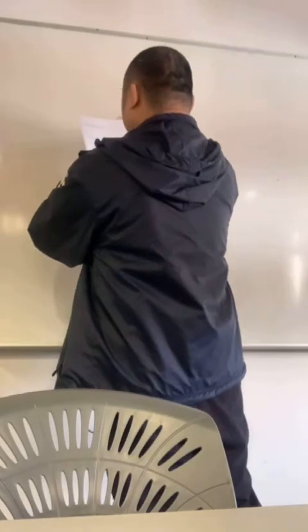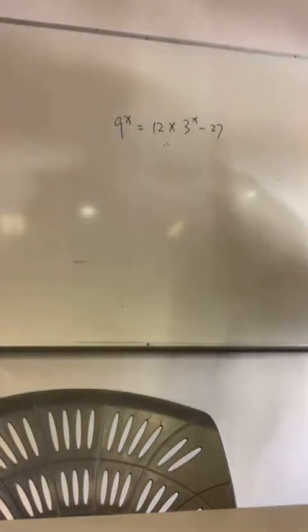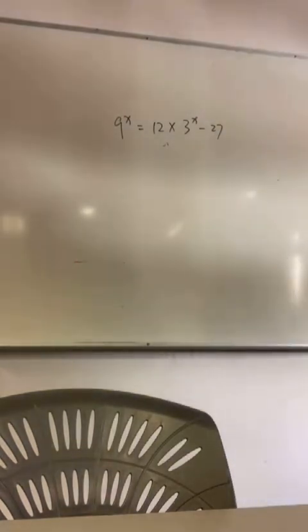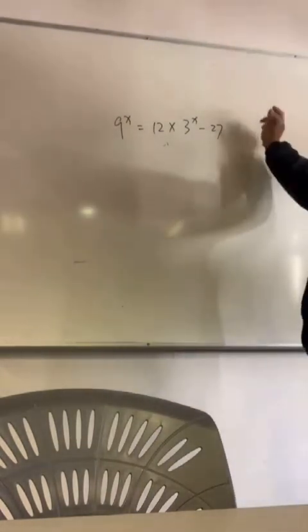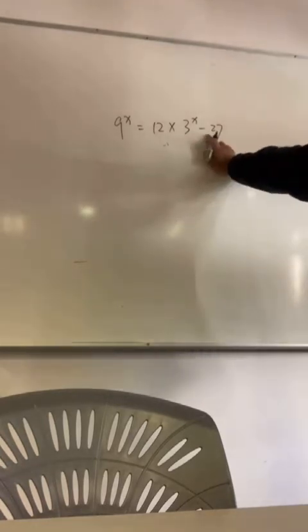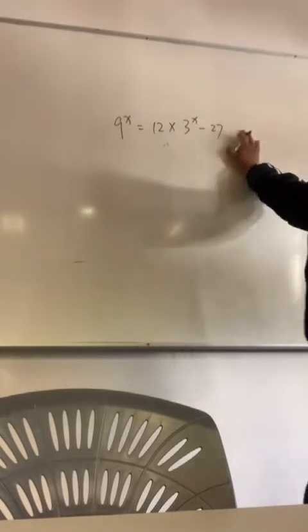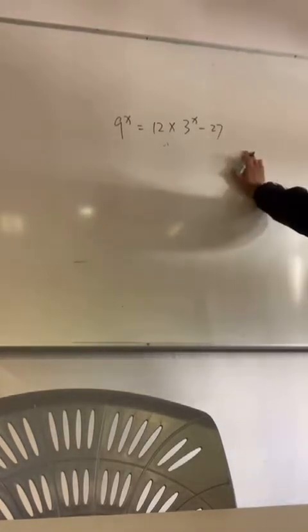9^x equals 12 times 3^x minus 27. How do we solve for x here? If we didn't have the subtraction, we could probably use the previous method.